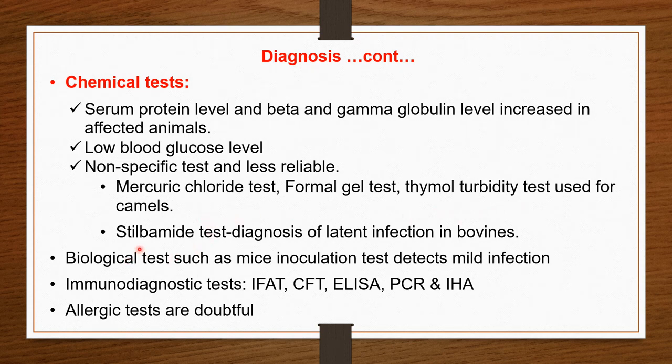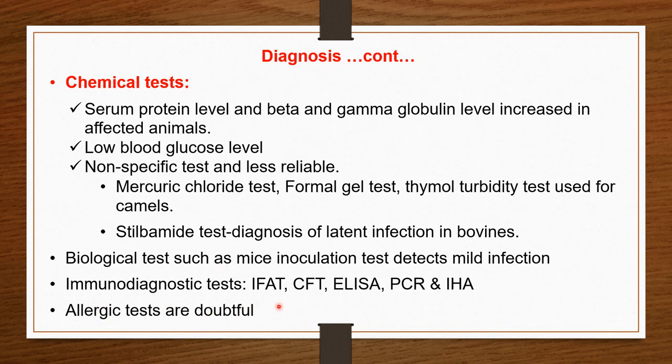Another test is the tilbamide test, used for the diagnosis of latent infection in bovine, but it is not sure and not reliable. Biological tests such as the mice inoculation test detect even a mild infection, because few protozoa can also multiply in the mice and produce a disease.